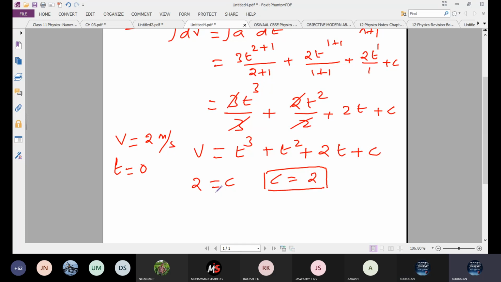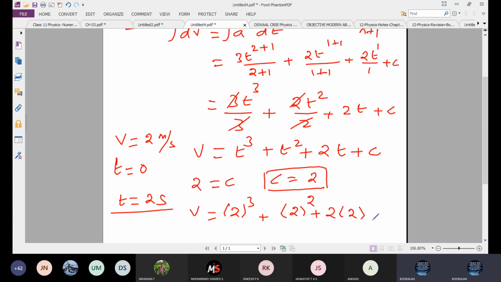Okay. Again, find the velocity at t equal to 2 seconds. This is the format we are doing. V equals t value 2 power 3, plus 2 into 2 power 2, plus 2 into t value also 2, plus c value 2.